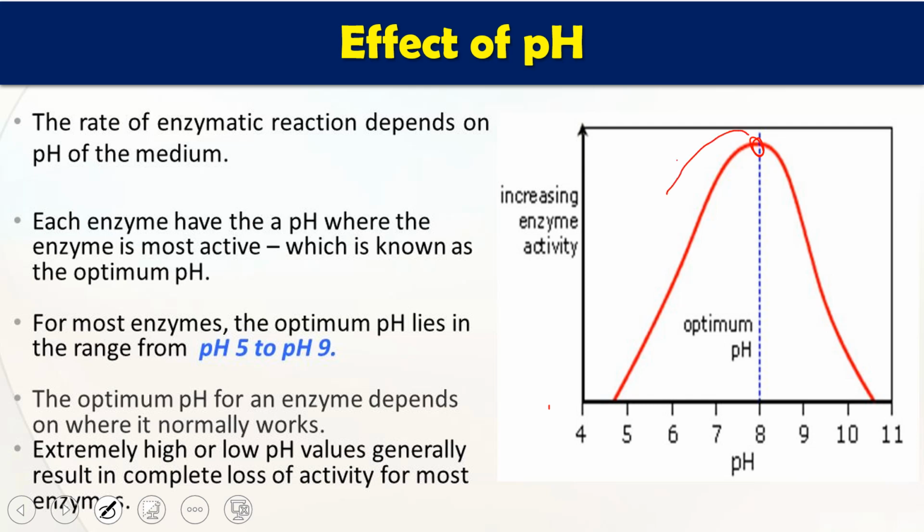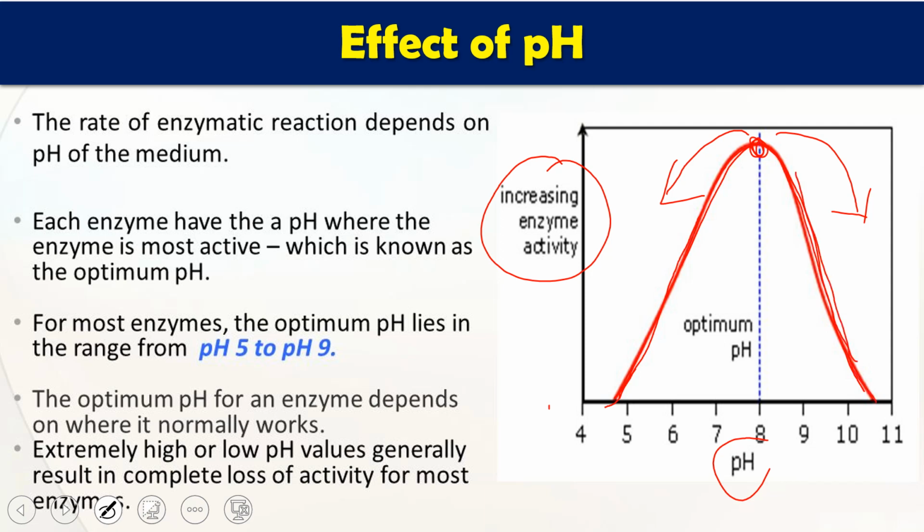If you go towards decreasing pH, the acidic side, or increasing pH, the alkaline side, the activity of the enzyme-catalyzed reaction decreases. When we plot a graph between rate of reaction, that is activity, and pH, we get a bell shape curve. Initially the rate of reaction is less, then slowly it reaches the optimum and the rate increases, and after the optimum, the rate of reaction decreases.